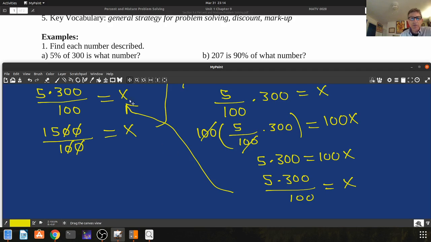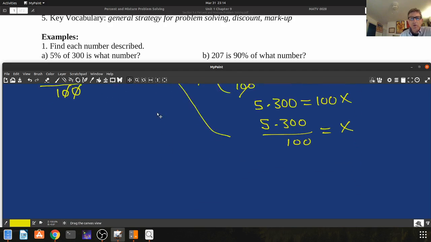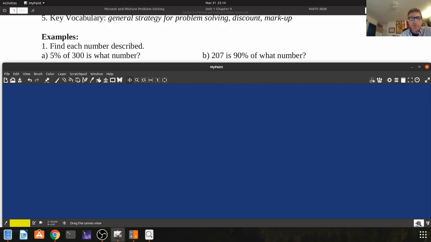But I did want to at least briefly mention one other really popular way to solve percentage problems. And I remember that I use this particular method all the time. And we have a formula.